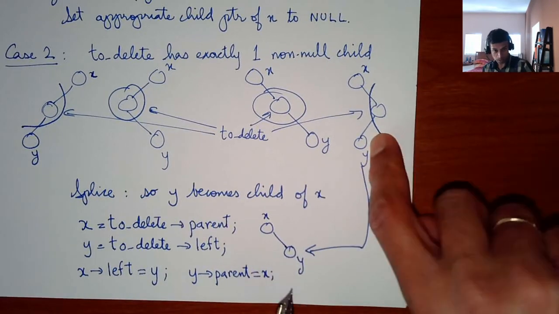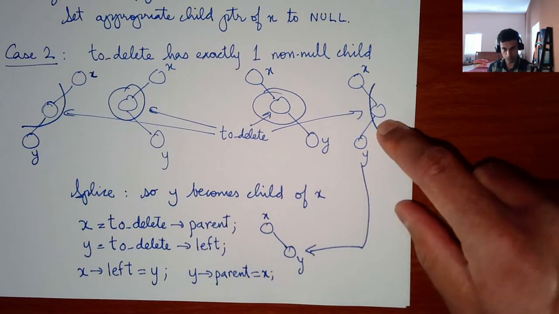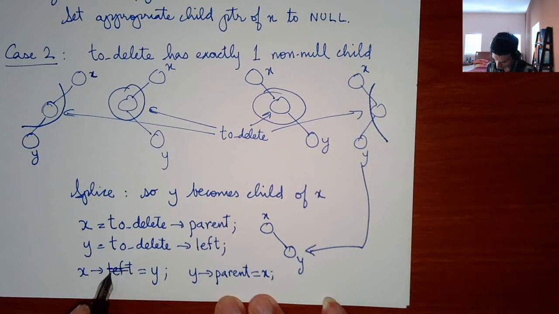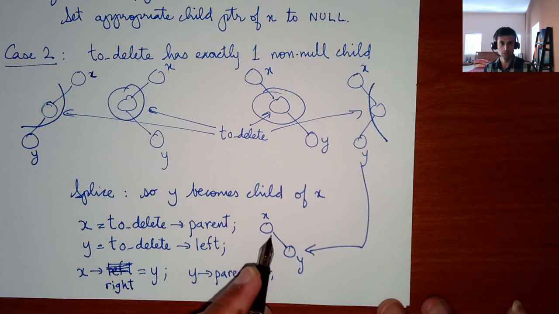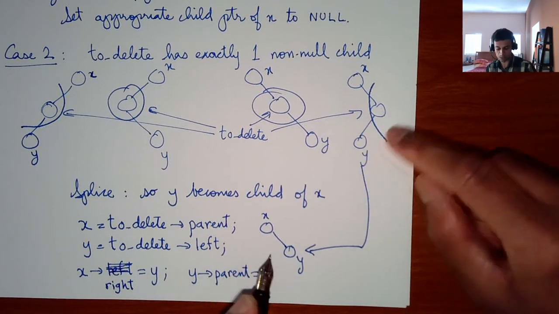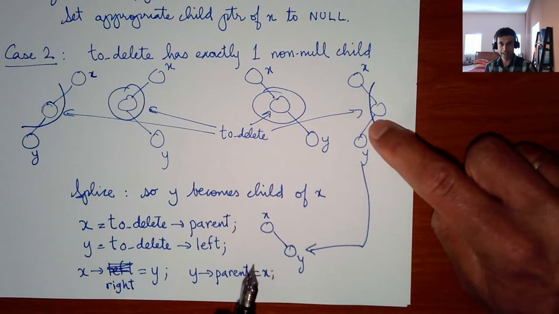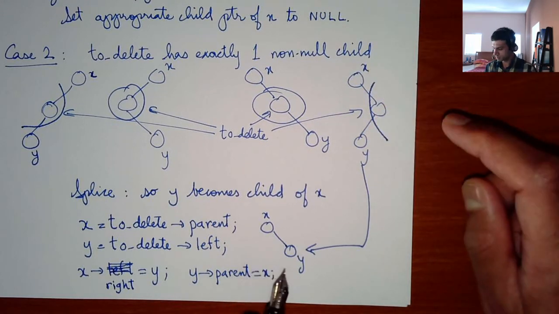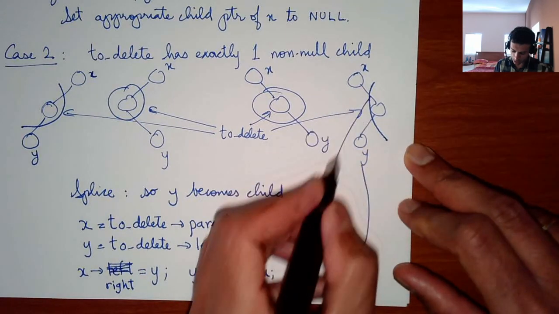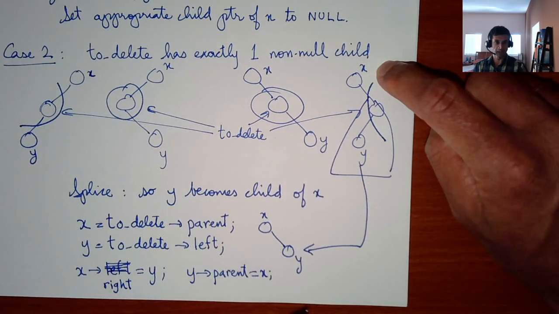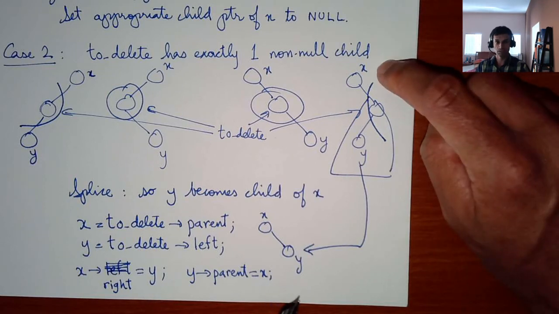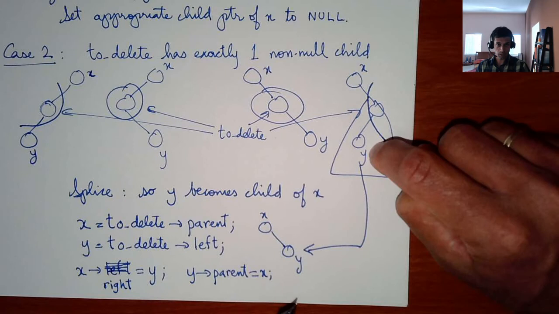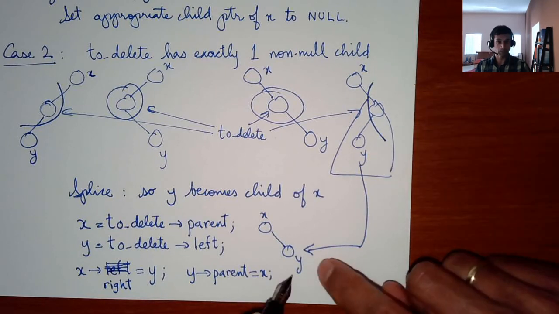Remember, Y was the left child of the node to be deleted. There was my mistake. But it ends up being the right child of X. This is really important. Even though Y was the left child of the node to be deleted, it becomes the right child of X. And that's because all the keys over here have to be more than the keys of X. And so the key of Y is more than the key of X. And so this is the right way to do it.